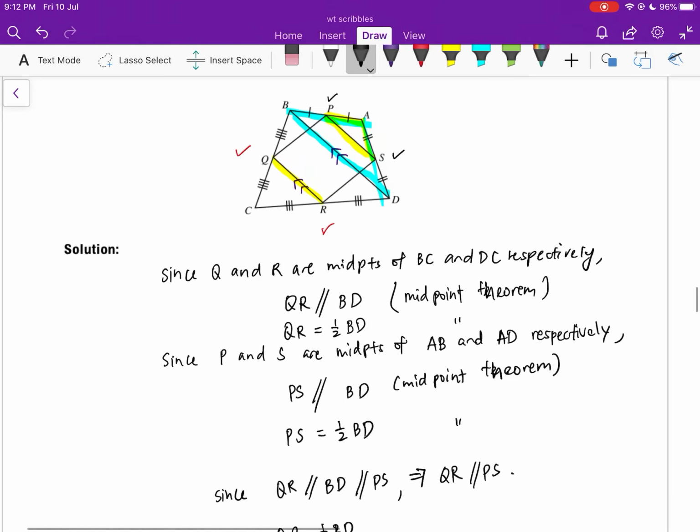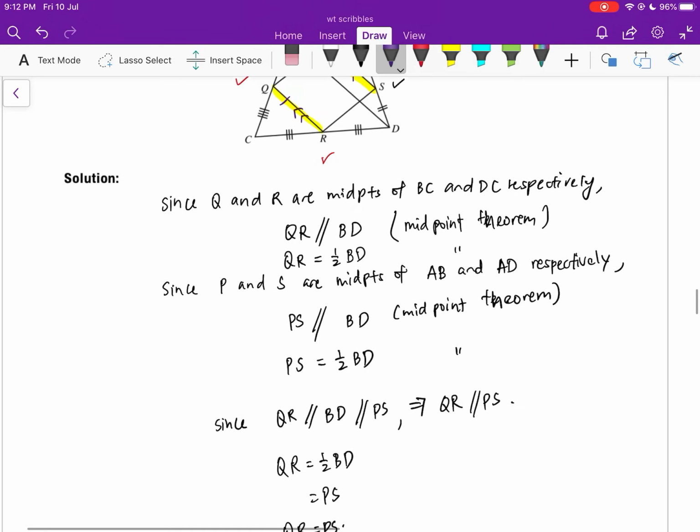So take a look at the question. Let's take a look at the diagram itself. We are looking at QR and PS now. We know that they are parallel and we know that they are equal in length.